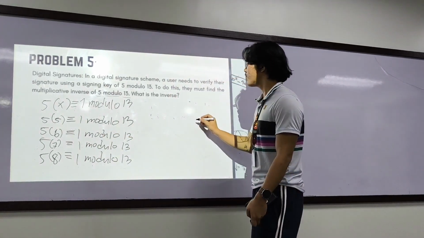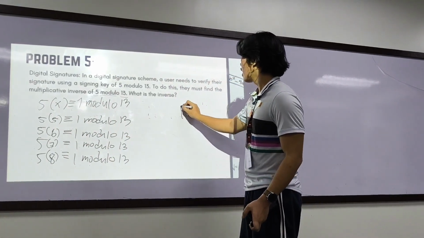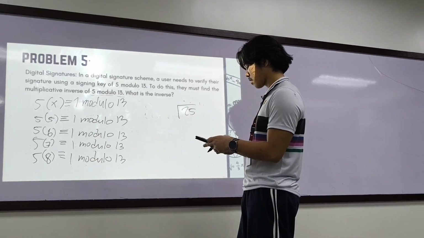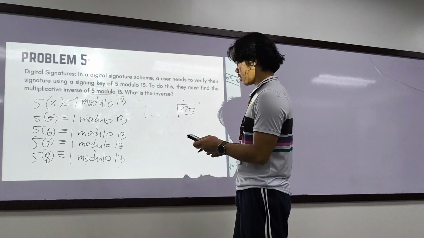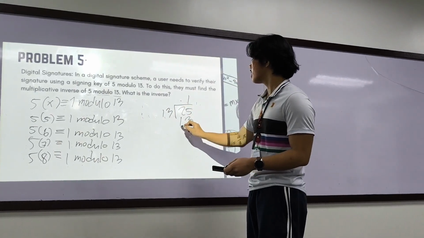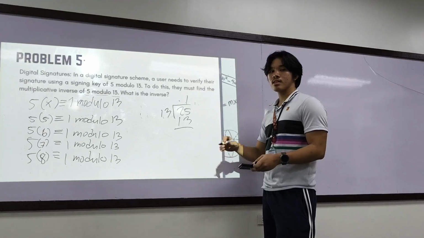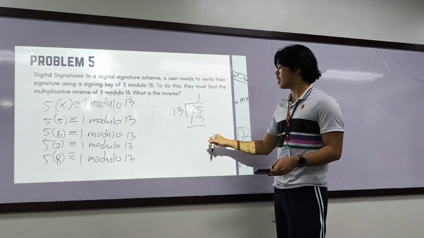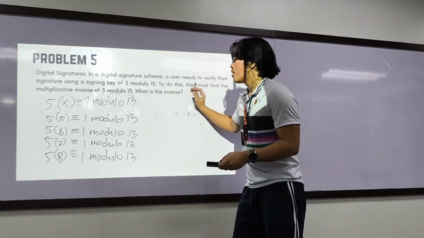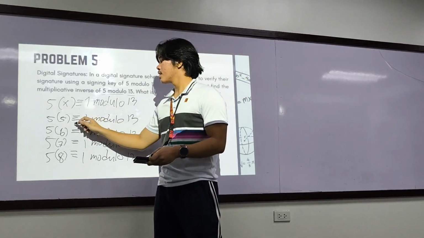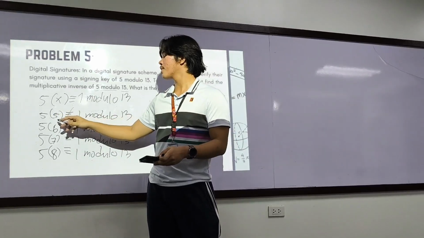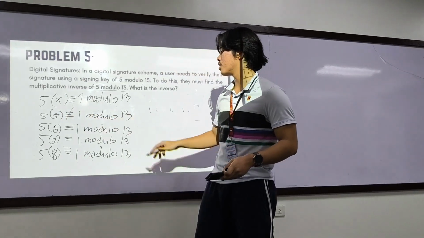So 5 times 5 is equal to 25, and 25 divided by 13 still has a remainder, and we will still not get the remainder 1. So the number 5 is not the multiplicative inverse. 5 times 5 is not congruent to 1 modulo 13.